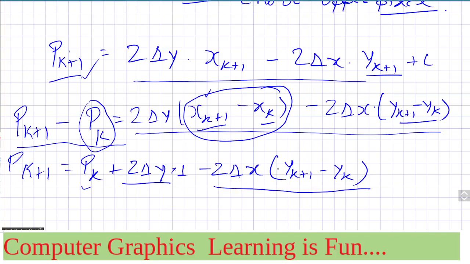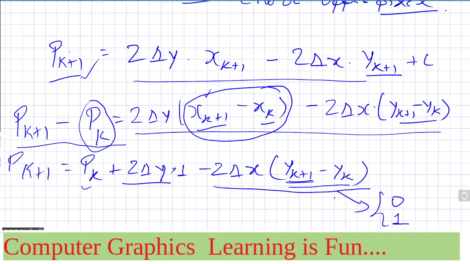Now here, yk plus 1 minus yk will be either 0 or 1. It will be 0 when yk plus 1 is yk itself. It will be 1 if yk plus 1 is the next unit of yk.